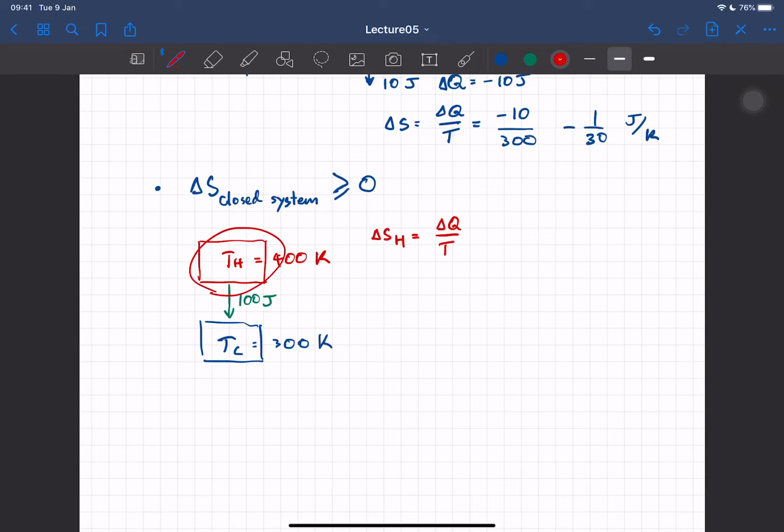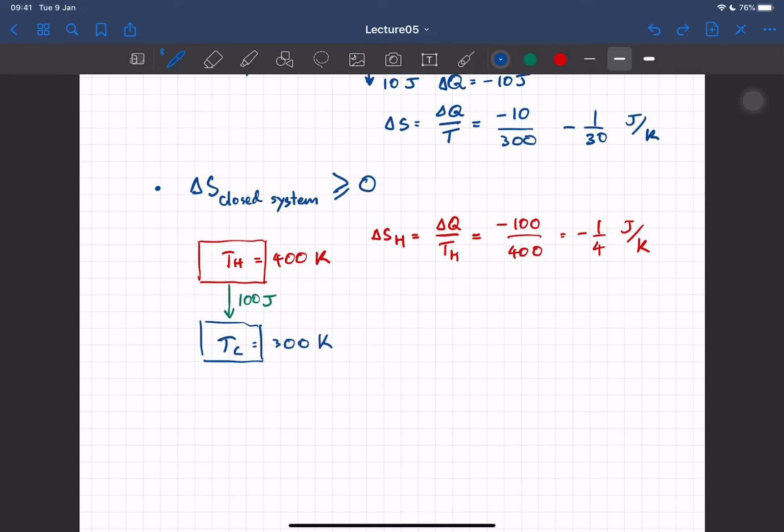Well, if we're talking about the hot part, then it's the temperature of the hot side. So that's going to be minus 100 divided by 400 Kelvin, so it's going to be minus 1/4 joules per Kelvin. That's the change of the entropy of this part of the system.